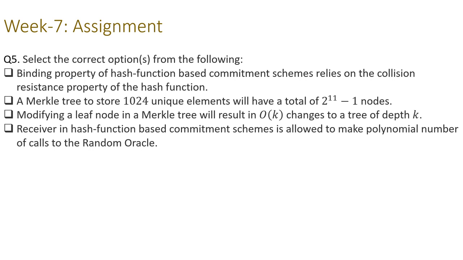About the Merkle tree to store 1024 unique elements, we will have a total of this many nodes. Okay, so this is also true. Quickly with a small example, let's say 4 unique elements are there, so they constitute the leaf elements of the tree. Then you store the hash of left child, hash of right child here.